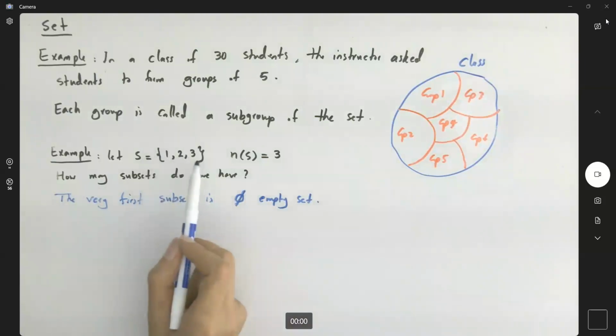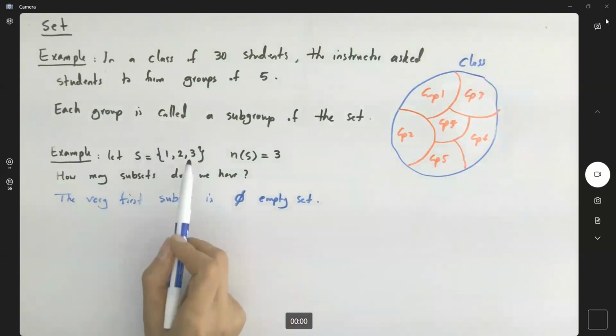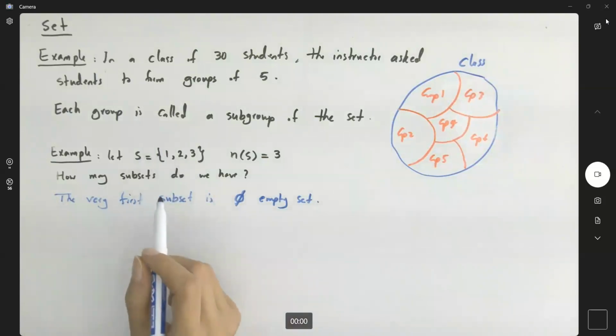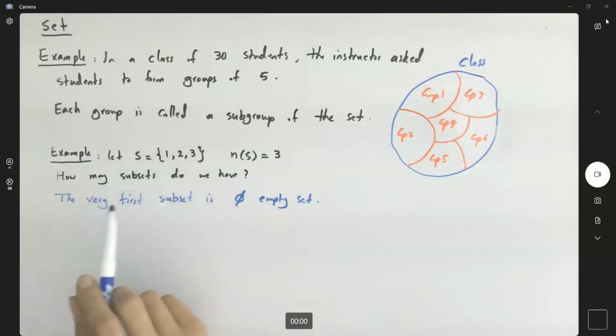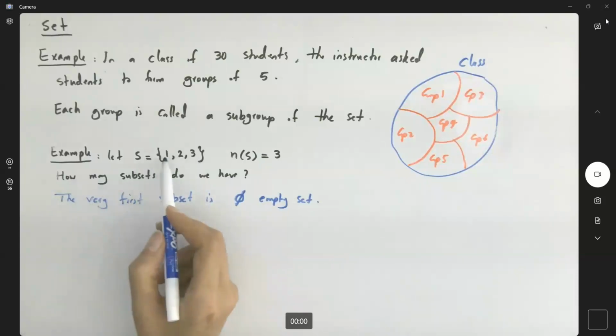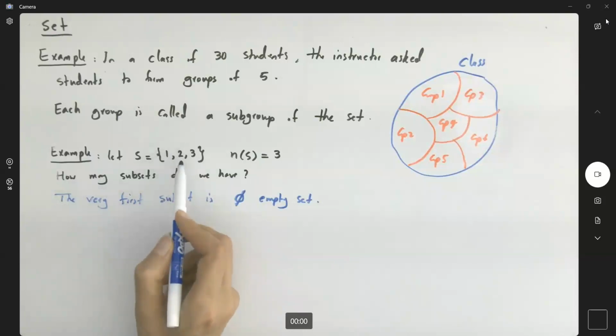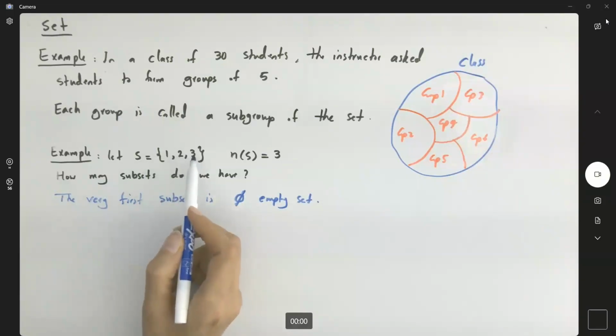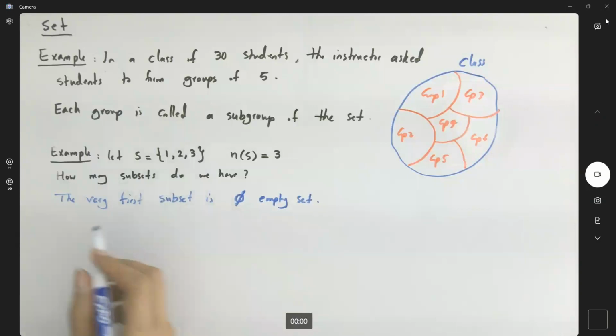So think about a class with 3 students. The instructor asks the students, hey guys, form subgroups. The first student says, I want to work individually. The second student says, I'm going to work individually. The third student also says, I'm going to work individually.